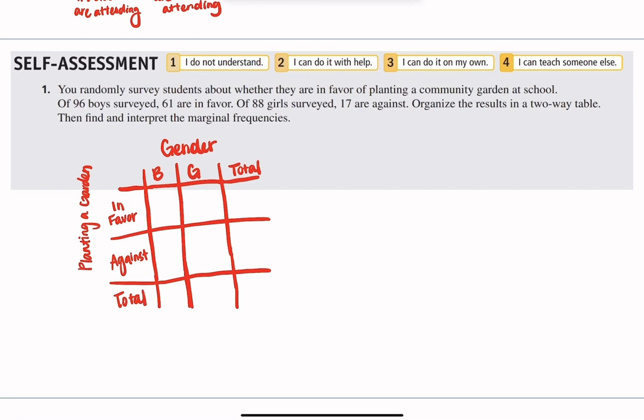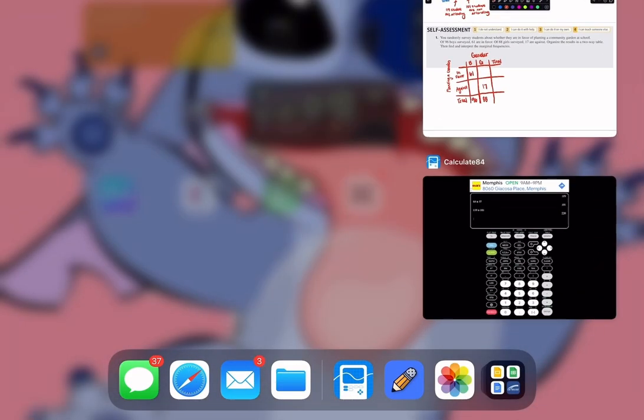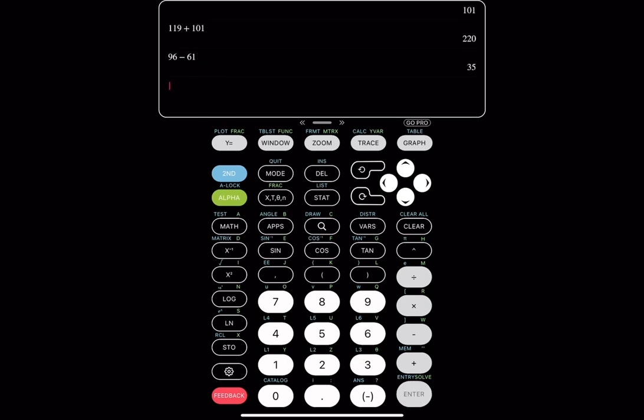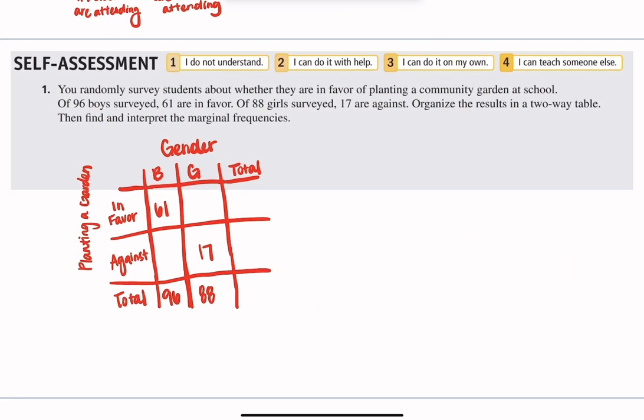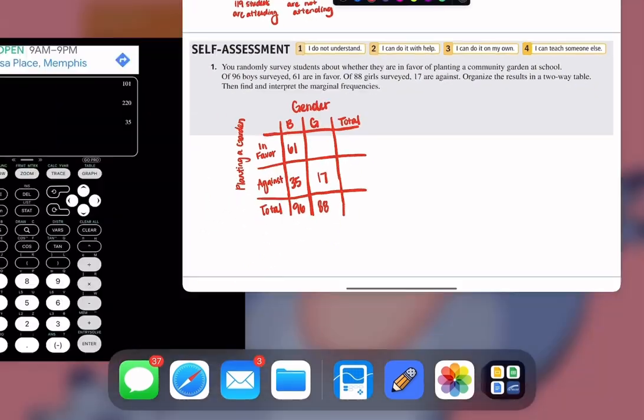So of 96 boys, so 96 total boys, 61 are in favor. Of 88 girls, 17 are against. So I'm going to fill that in. So I'm going to find boys by taking 96 minus 61. I'm finding 35 boys are against. And then girls, 88 minus 17.